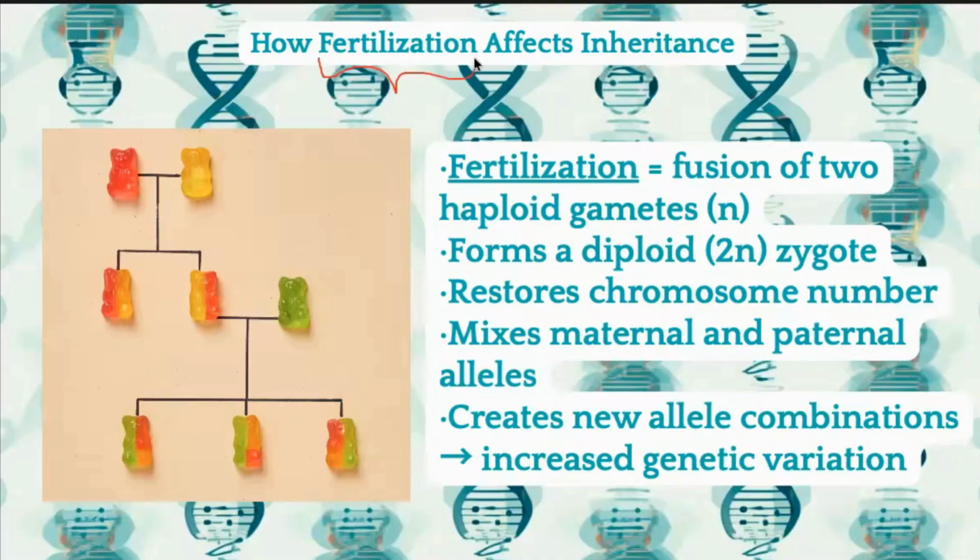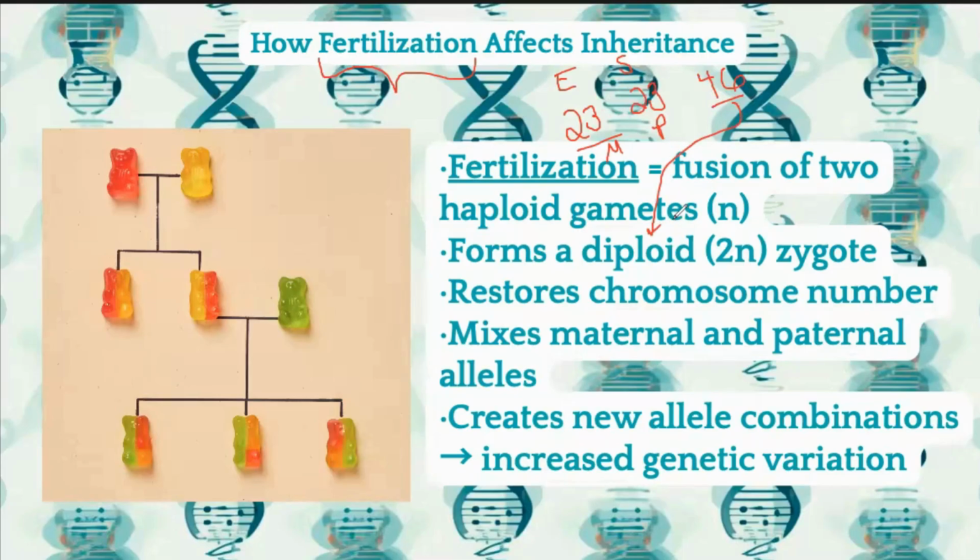Let's talk about how fertilization affects inheritance. When we talk about fertilization, we talk about this idea that there are 23 chromosomes in each haploid for humans. When the egg and the sperm join together, which each have 23, one from maternal and one from paternal, they join together to mix alleles, therefore combining to eventually make 46 chromosomes, which is characterized as diploid.